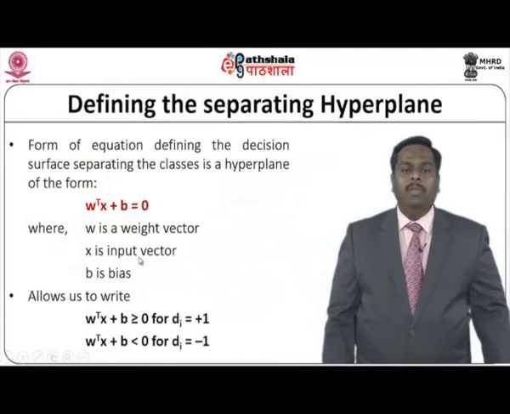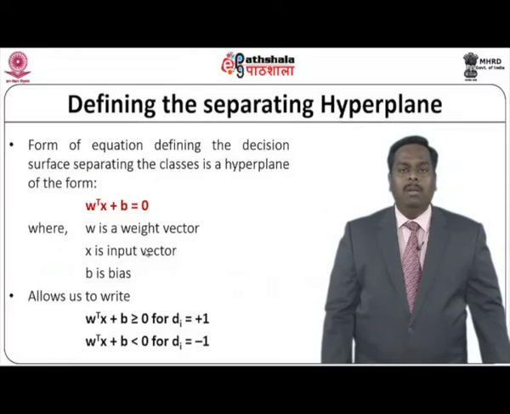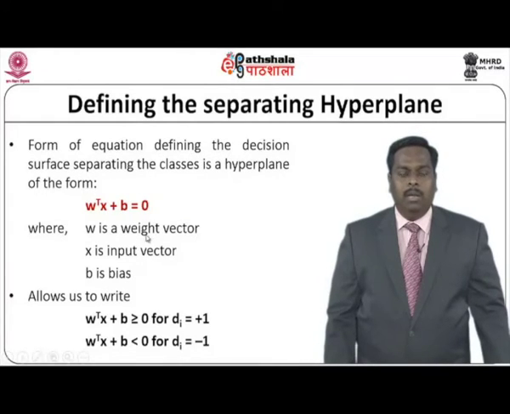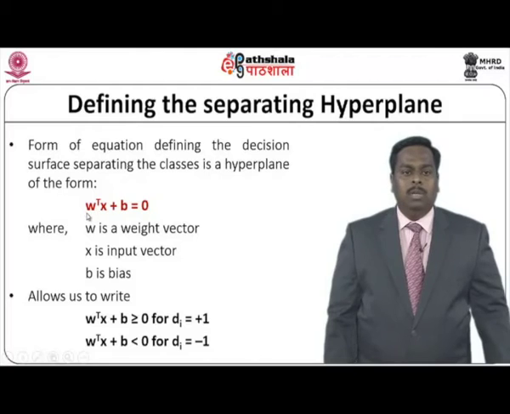Now, formally how can we define this separating hyperplane? The separating hyperplane may be defined using an equation as shown here, which is W transpose x plus b equal to 0, where W is the weight vector, x is the input vector and b is the bias.